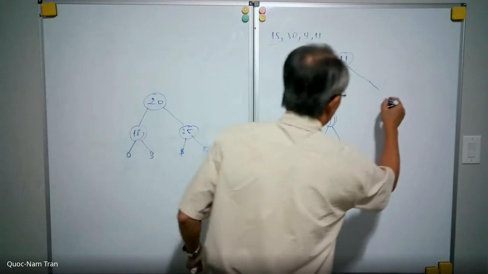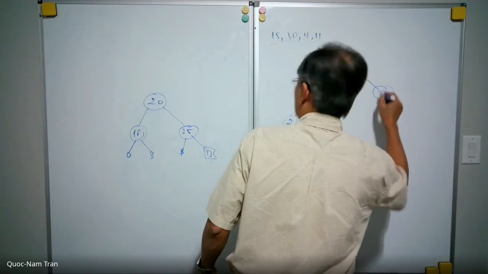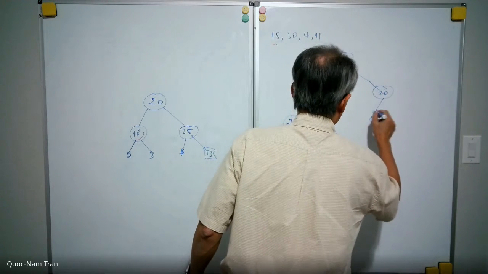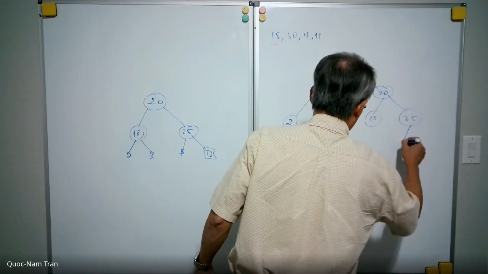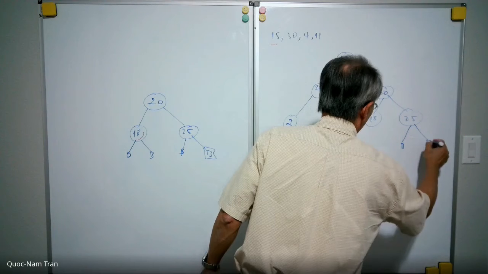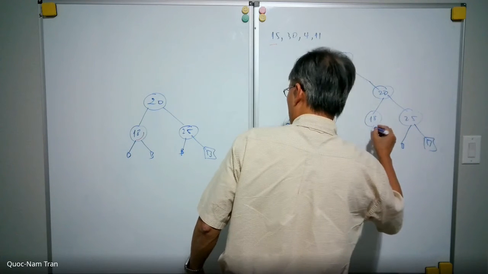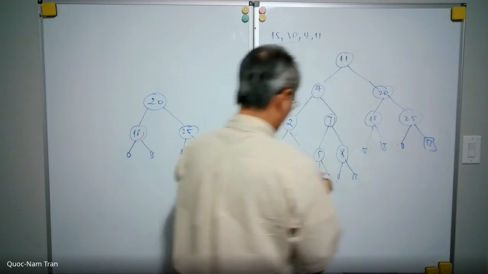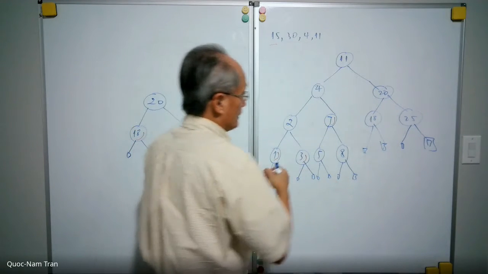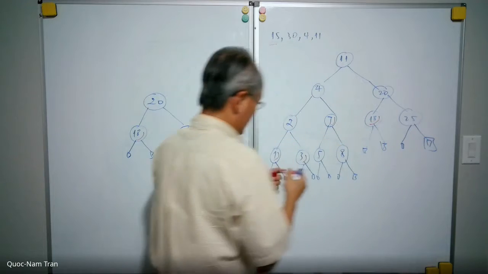Okay, so now we have 20, and then 18, 25, then we have two more nodes. And here we have this one.